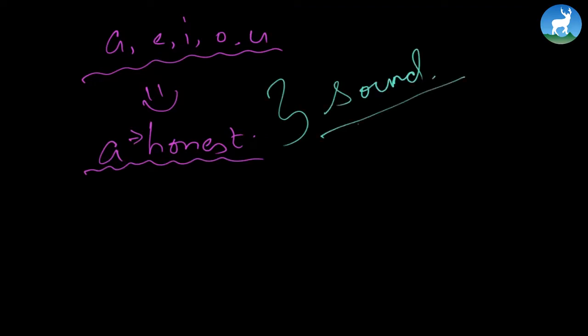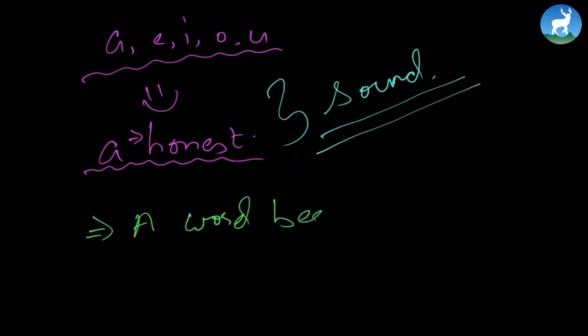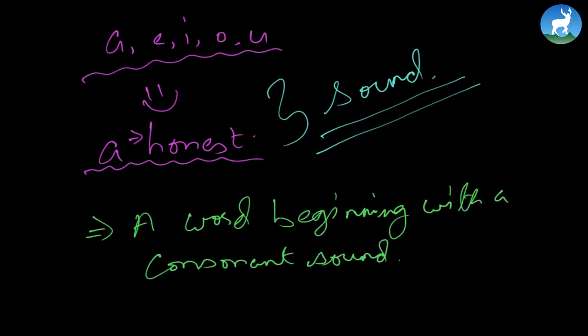Okay, how we pronounce things. And when we pronounce, if there's a vowel sound, we will always have an there. And for the rest of the words, whenever we pronounce a consonant sound, then we use a. Alright? A word beginning with a consonant sound, a is used.